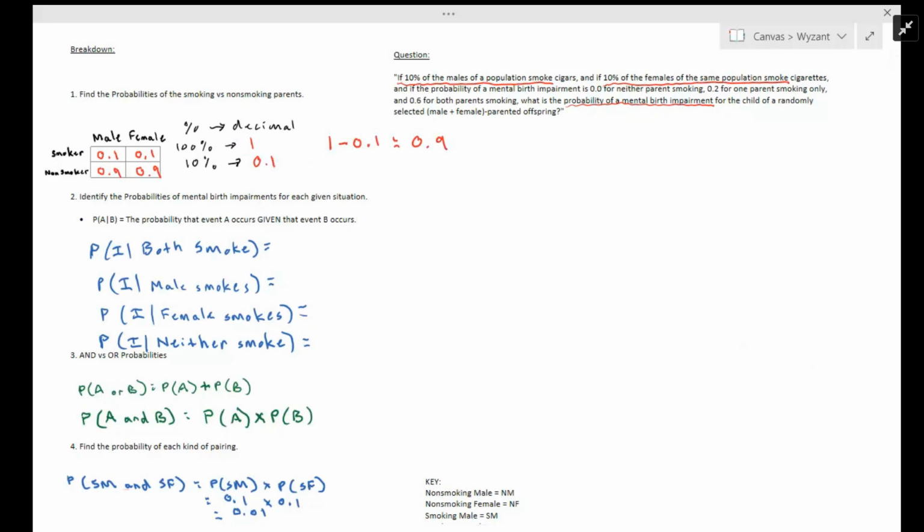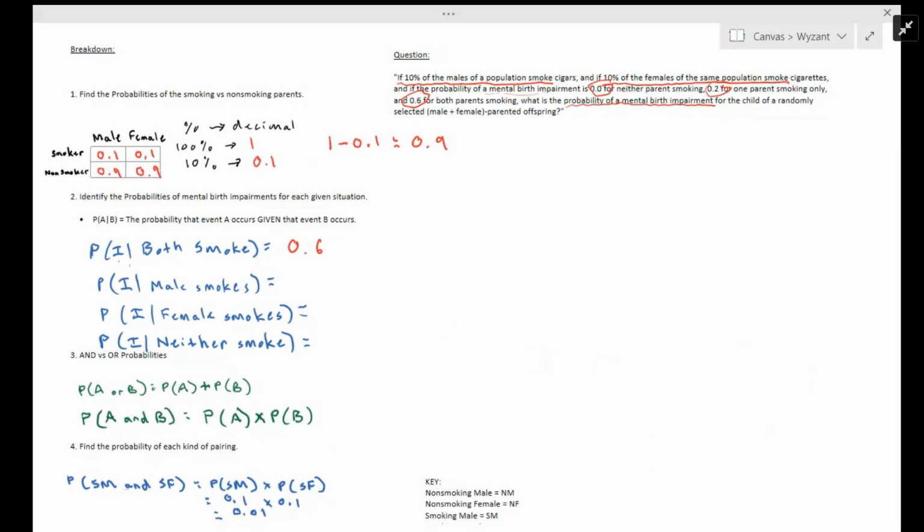Next, we'll identify the probabilities of mental birth impairments for each given situation. So let's refer to the question. If the probability of a mental birth impairment is 0.0 for neither parent smoking, 0.2 for one parent smoking only, and 0.6 for both parents smoking, we can write down that the probability of an impairment given that both smoke is 0.6.